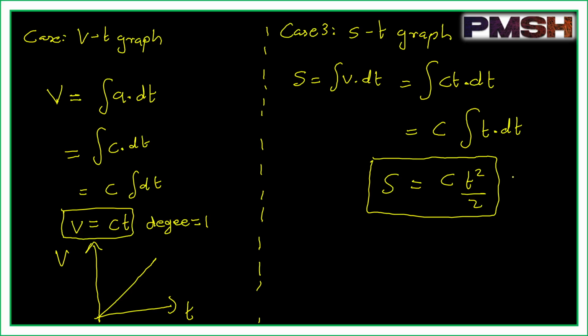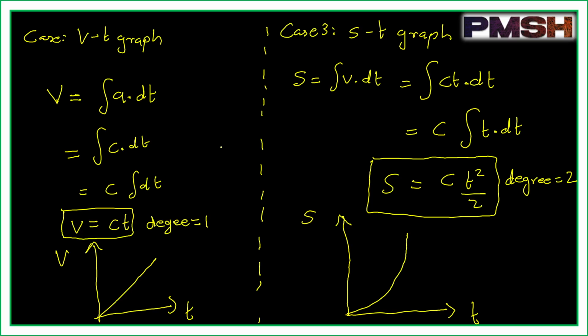What is the degree? The degree is 2. Then the graph will be a parabola. We have already discussed that concept. When you draw the displacement time graph for uniform acceleration, the graph will be a parabola.